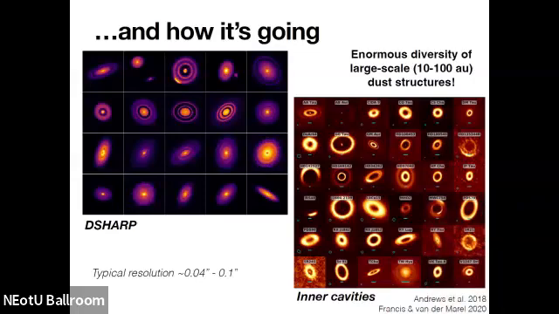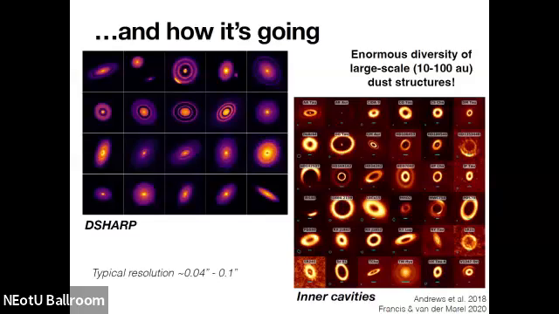Dozens of disks have now been spatially resolved with ALMA at this high angular resolution, and many of these systems indeed show gaps and rings as well. We see this, for example, in the DSHARP large program, which was a survey specifically aimed at resolving disks that were thought to be smooth, showing all these rings and sometimes also substructures like clumpiness.